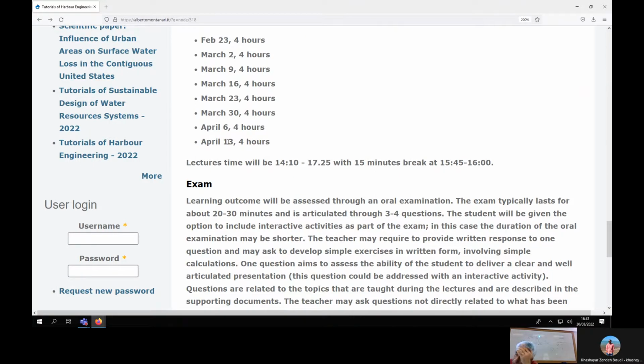Probably yes, because I think I got it in my diary. So I just want to check because, let me see. Yes, I got it in my diary. So April 13, we have lectures. So we should end it before Easter. Okay.